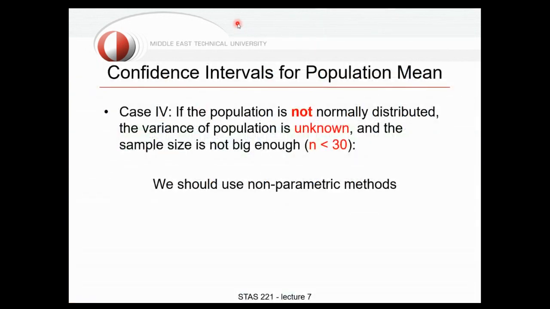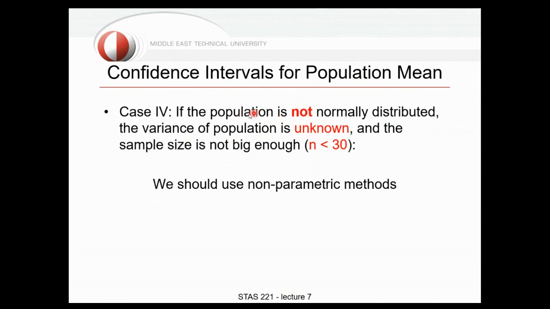Okay, so case number 4 for estimating the population mean by constructing the confidence interval. In case 4, if the population is not normally distributed, this is a big problem. The variance of the population is unknown, and the sample size is not big enough. Too many problems.